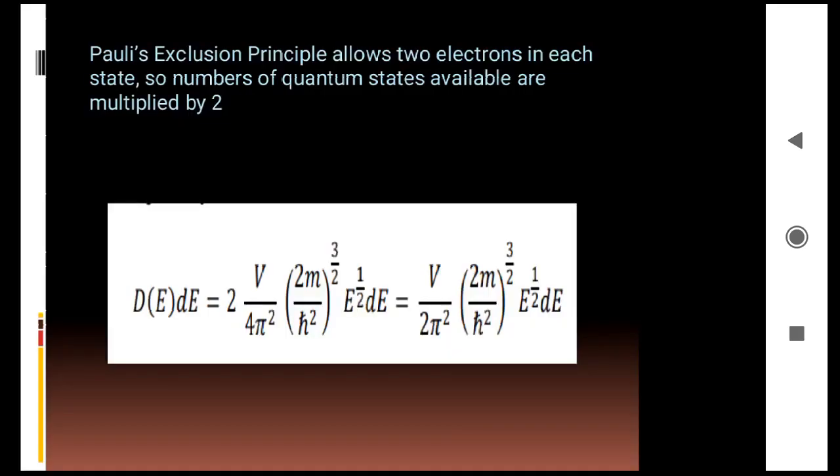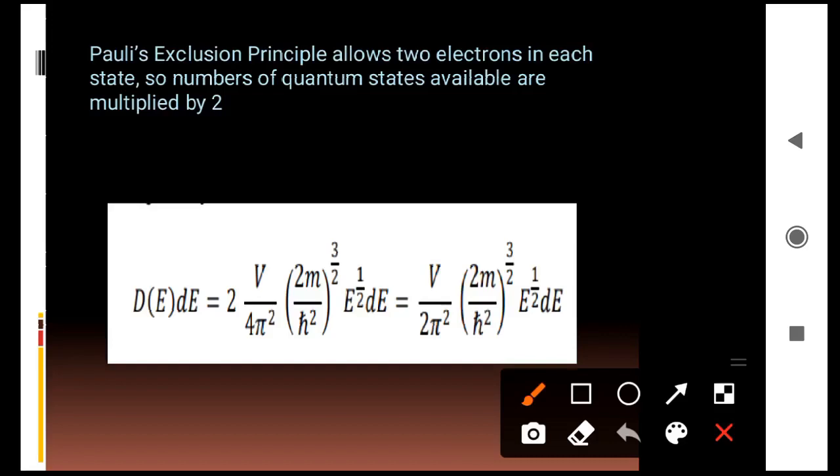Now we know that the Pauli exclusion principle allows 2 electrons in each state, with opposite spin. So the number of quantum states available is multiplied by 2. See, Pauli said that in a particular energy state we have 2 electrons with opposite spins, plus half and minus half.